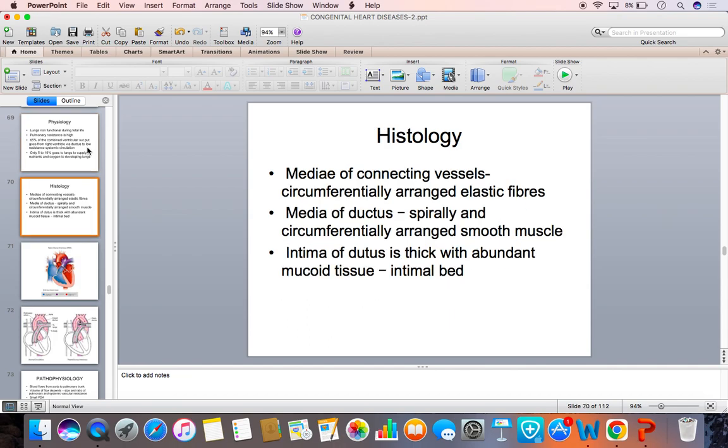Then with regard to the histology, media of the connecting vessels, that is aorta, has elastic fibers which are circumferentially arranged. Media of the ductus arteriosus has spirally and circumferentially arranged smooth muscle. Intima of the ductus is thick with abundant mucoid tissue. This is called intimal bed.